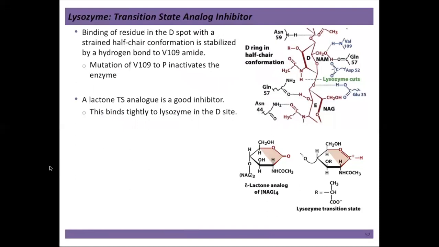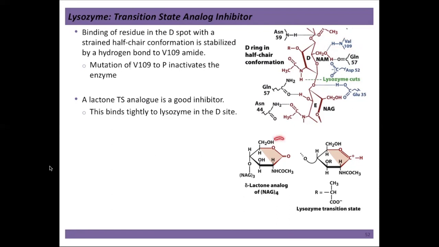So binding to the D spot, we strain it to a half chair, and that is helped to be stabilized by this valine at position 109. If we actually mutate this valine to a proline, we actually inactivate it. So we know that that valine is actually important there, because changing it will cause inactivation of the enzyme.